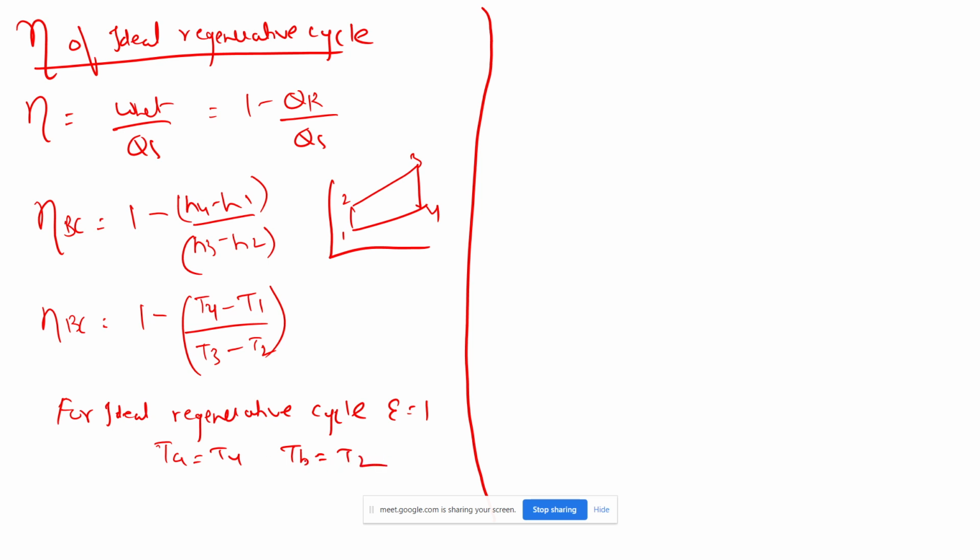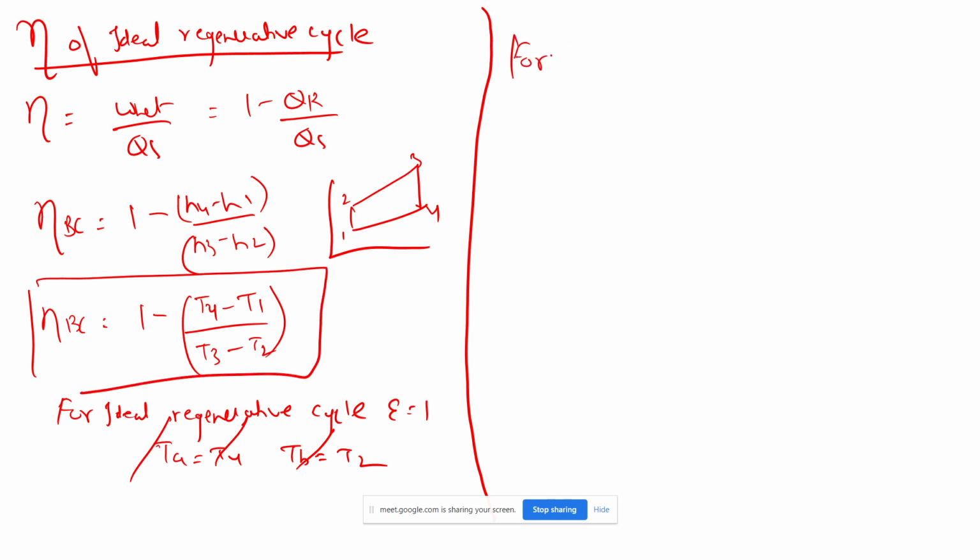So can we substitute Tb instead of T2 and T4 instead of Ta? Wait. This is what we have written for the Brayton cycle. For the regenerative cycle, it will be different.